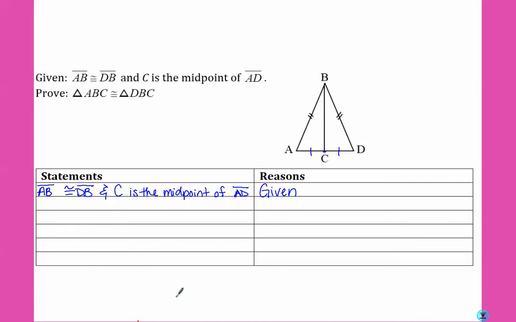Next, we determined that AC was congruent to CD. And we knew that because C being the midpoint means that these are equal. So our reason is the definition of midpoint.